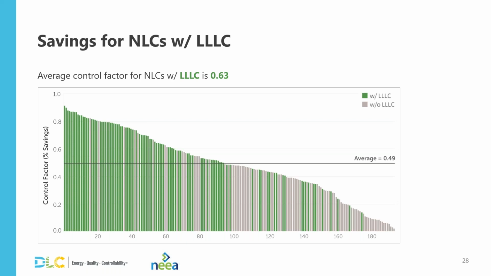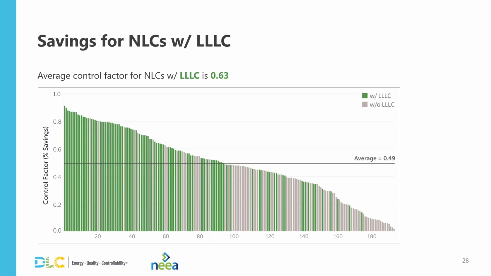From the collected data sets, LLLCs dominated the high savings spectrum with an average savings of 63%. And while not explicit in this chart, we also found that offices, warehouses, and manufacturing facilities are the building types where LLLCs are most prominent. And LLLCs seem to be a lot more aggressive, producing savings from HighEnd Trim.